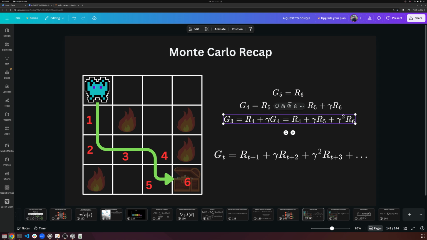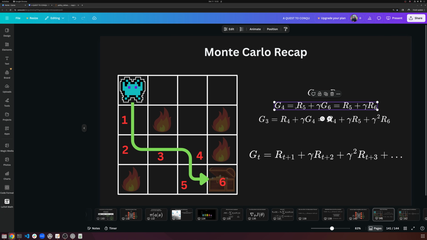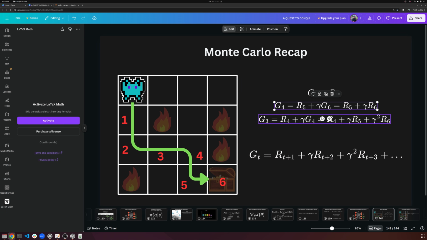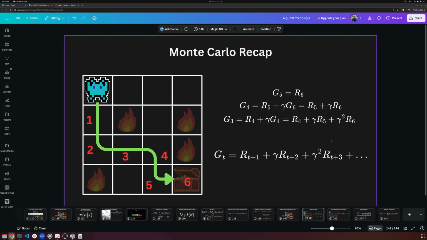Again, when we do G3, and actually this is slightly incorrect, this should be not G6, but G5. That's fine. And then G3 is going to be R6 times gamma squared plus R5 times gamma plus R4, which is just taking G4, which is R5 plus gamma R6, multiplying G4 by gamma, and then adding the new R4.